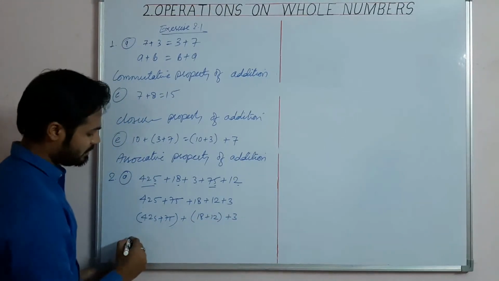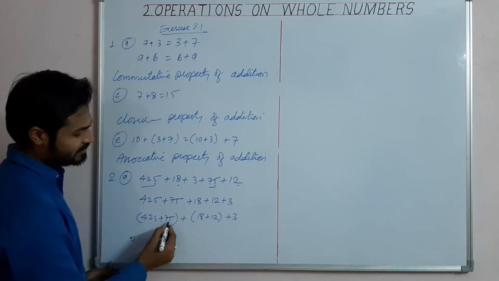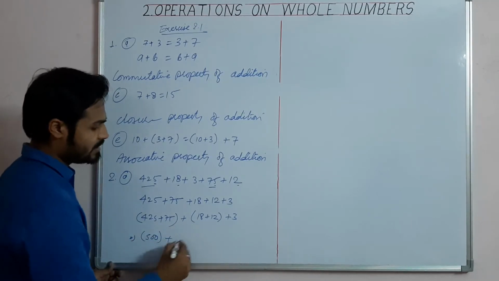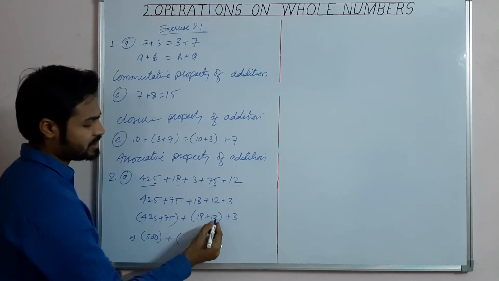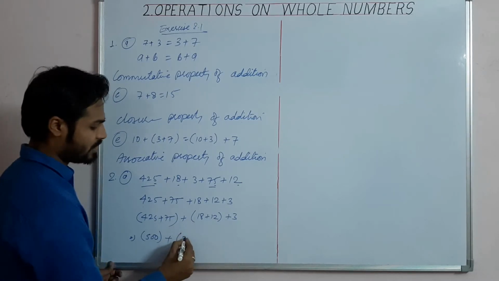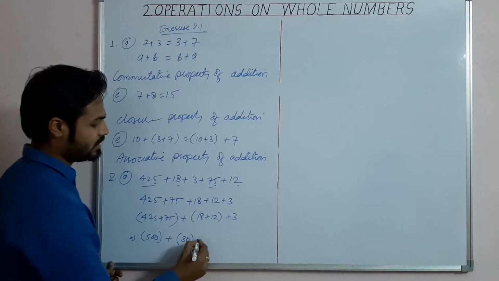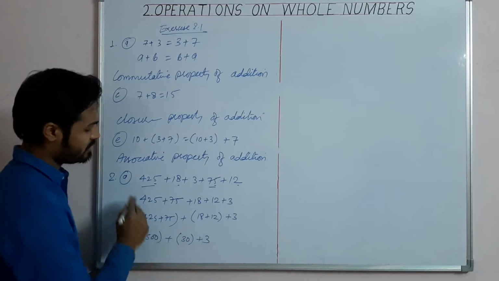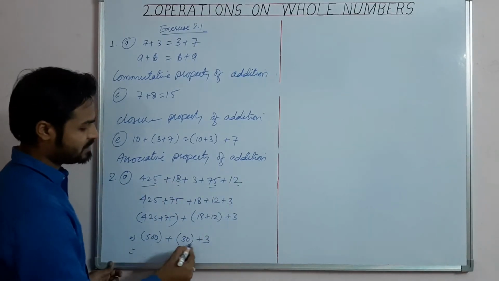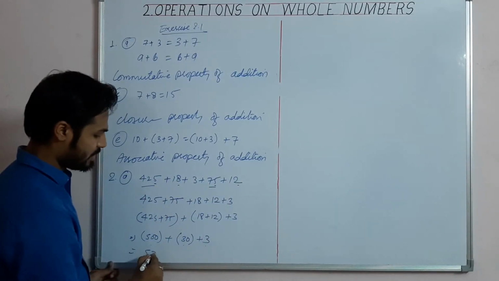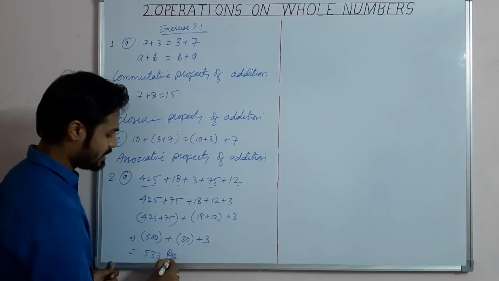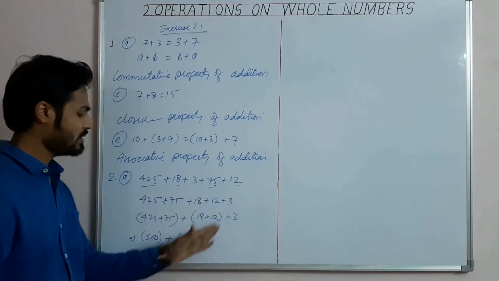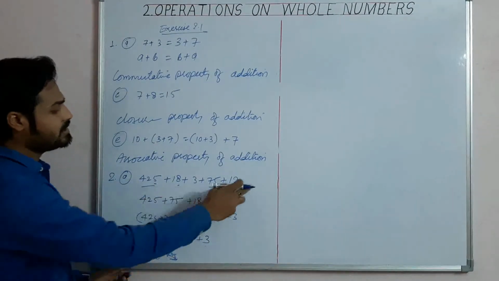Now by adding, what do we get? 425 plus 75 is 500, simple. 18 plus 12: 8 plus 2 is 0, and 10 plus 10, total we have 30, and 3. So the sum of all five numbers is 500 plus 30 plus 3, which is 533. Answer, right? So by changing the place and the group, you can solve these numbers easily.